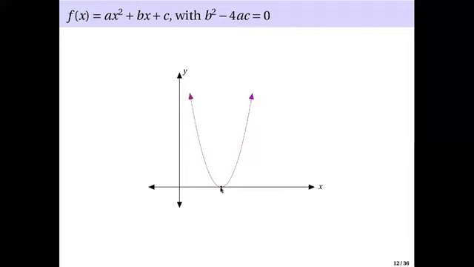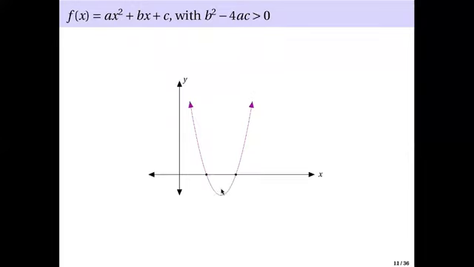It also means that the graph of the quadratic function intersects the x-axis just once. Unlike the case when the discriminant is greater than 0, where the graph intersects the x-axis twice.